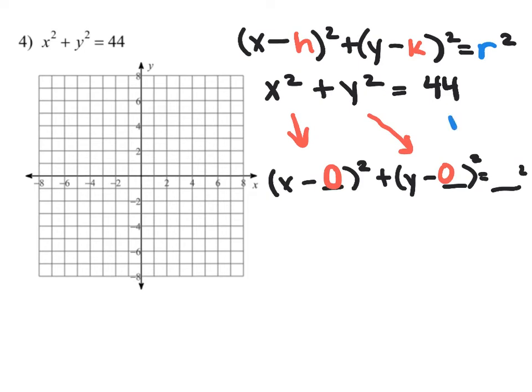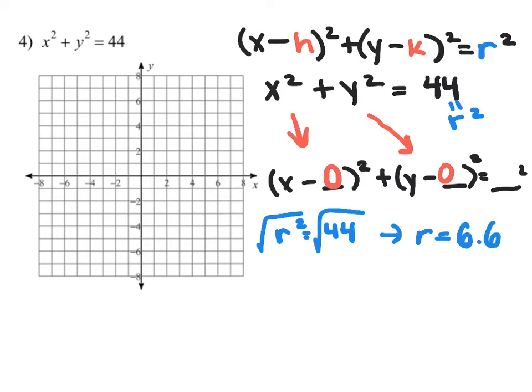Now lastly, the radius squared equals 44. So you can take the square root of both sides, which gives you the square root of 44 is 6.633249581, which I'm going to round so that the radius is about 6.6.